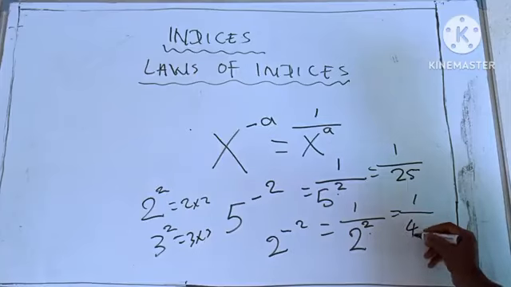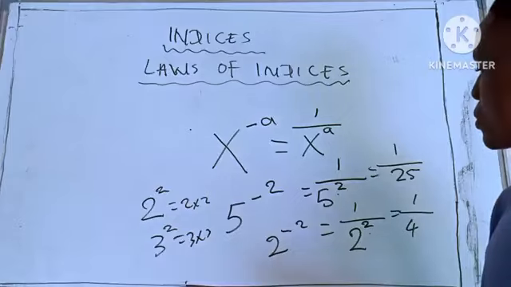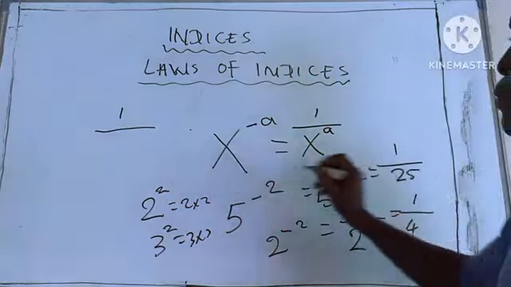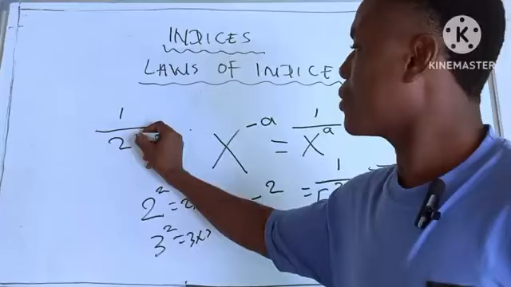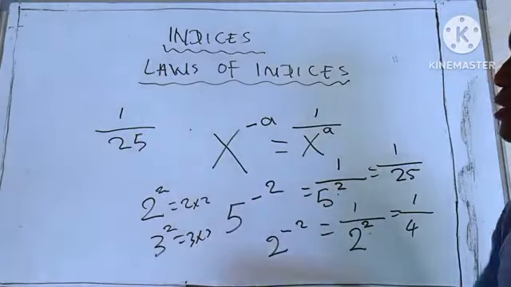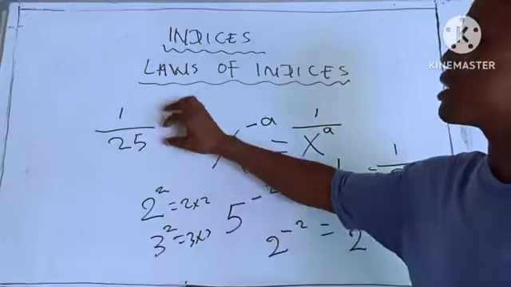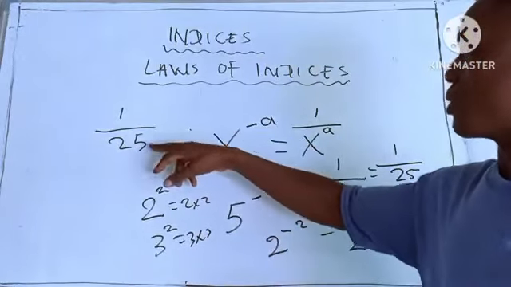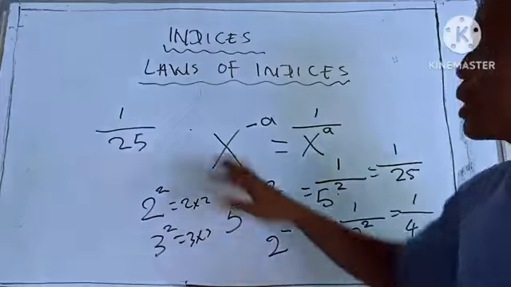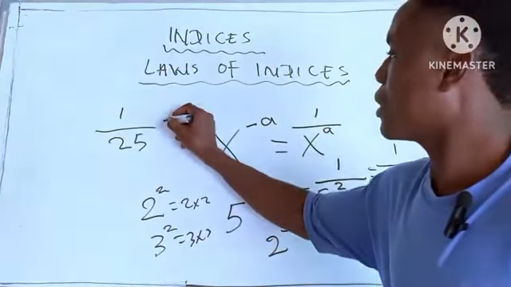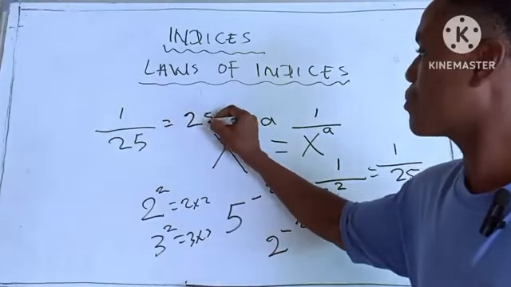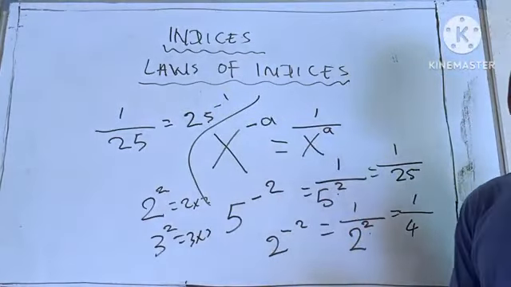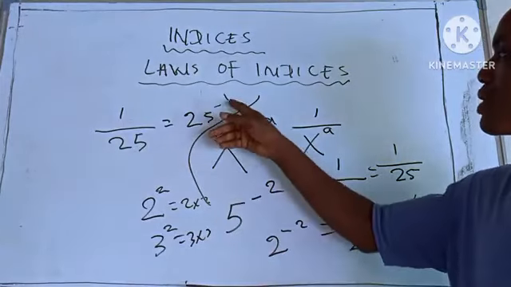Here is 1 all over 2 times 2, which gives us 4. Now I want to explain something. From the first answer, 1 all over 25, do you know we can still change this back to this form? Yes, we can. It will now be equal to 25 raised to power 1.